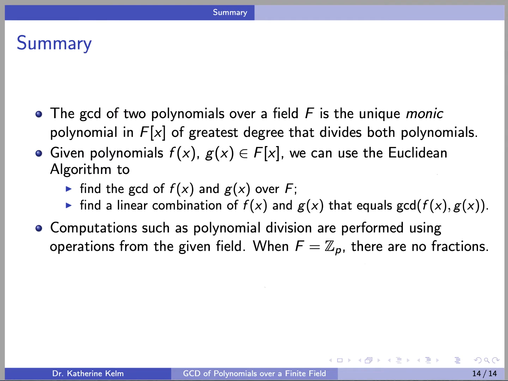So to summarize, the GCD of two polynomials over a field F is the unique monic polynomial with coefficients in F of greatest degree that divides both polynomials.